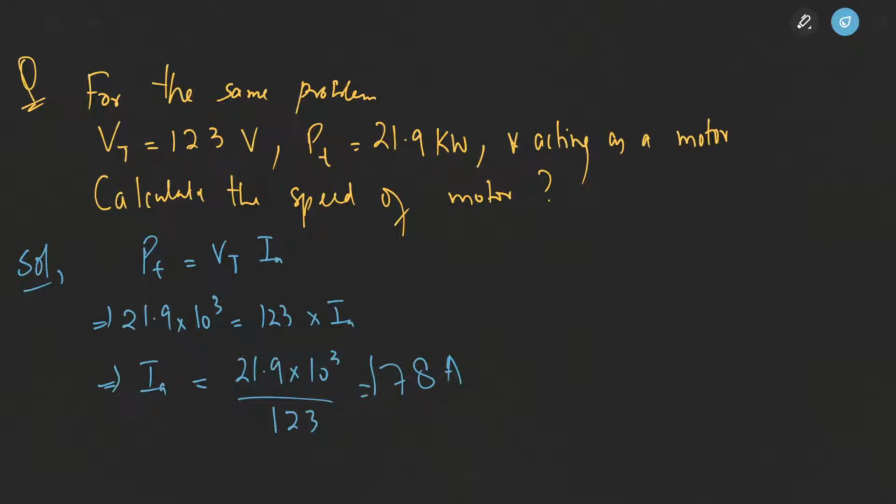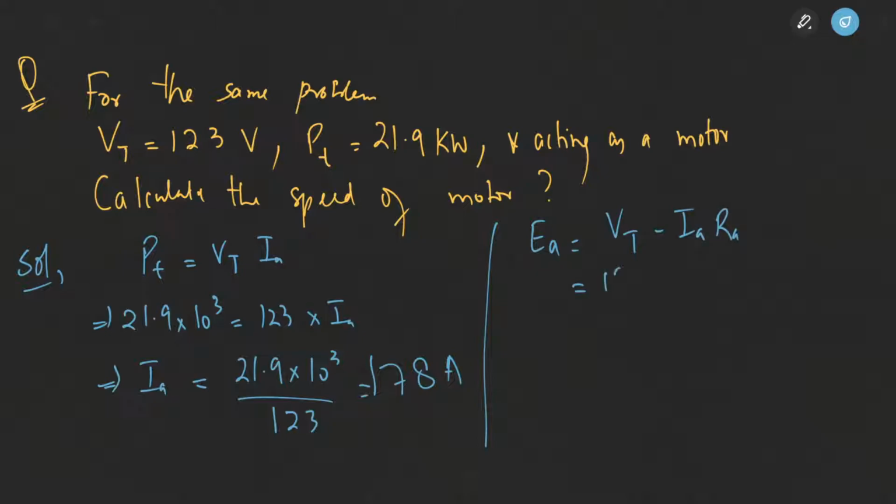Therefore, what will be the generated voltage? We know Vt is equal to IaRa plus Ea. So Ea will be equal to Vt minus IaRa.